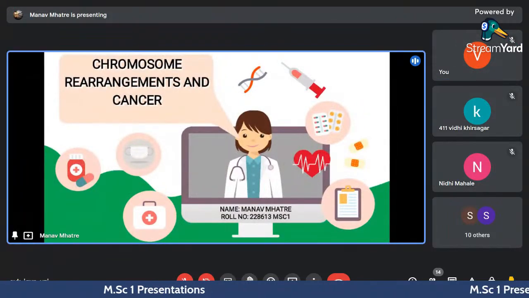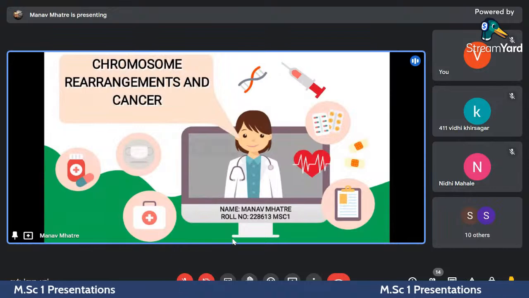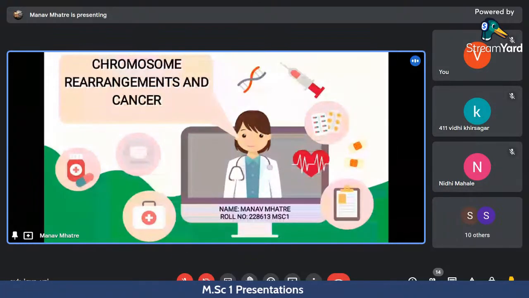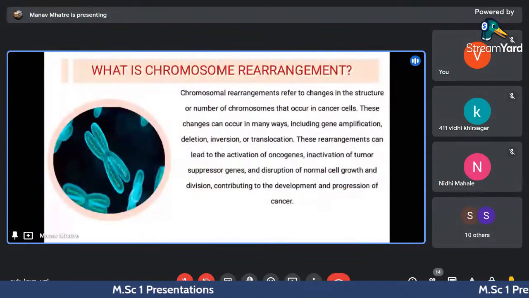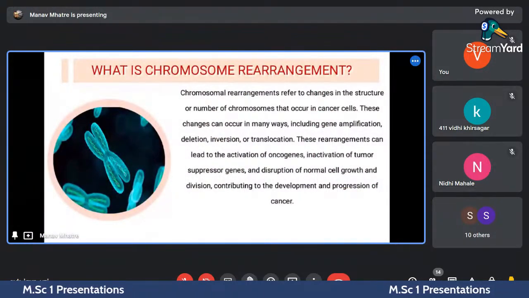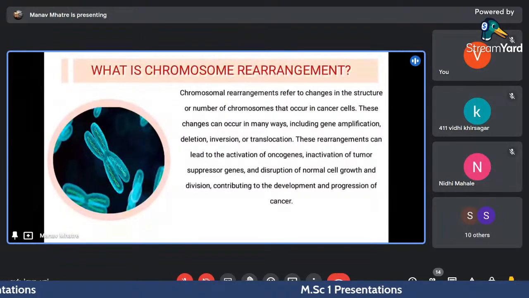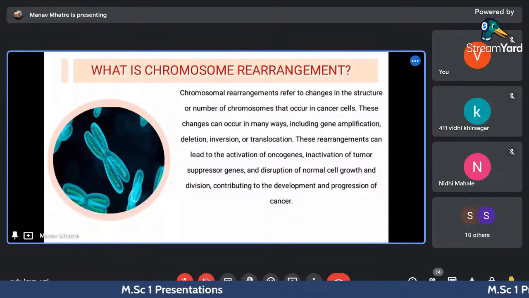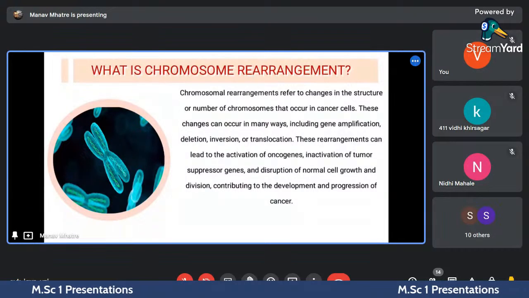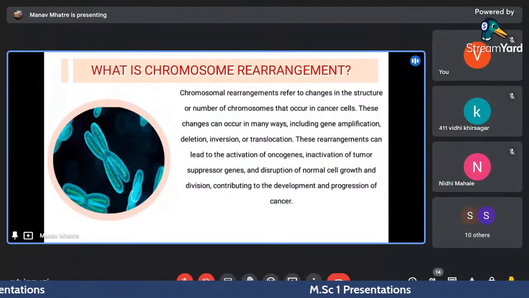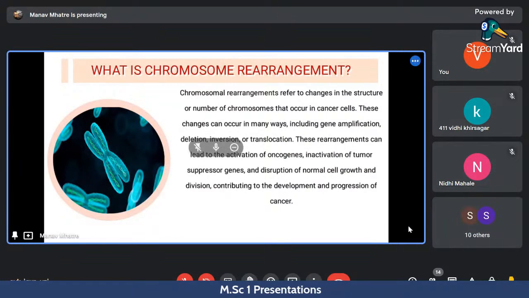My presentation topic is chromosome rearrangement and cancer. So, let's see what is chromosome rearrangement. Chromosome rearrangement refers to change in structural organization of chromosomes in the nucleus of the cell. This change can involve alteration in number, size, shape, or position of chromosomes.